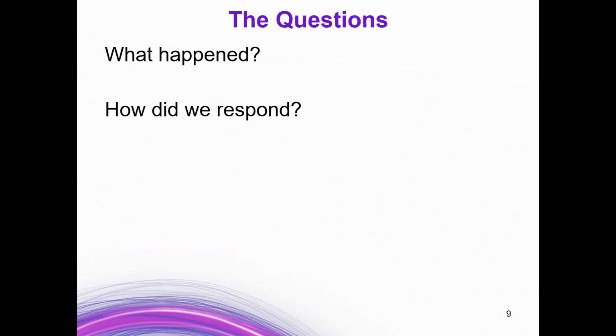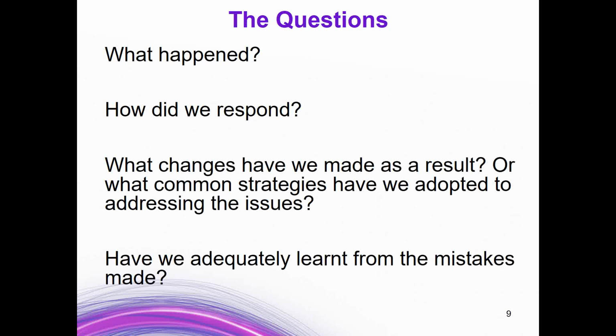When you look at all those reports, there are common questions we normally ask. First, what happened? Then, how did we respond? Did we respond fast enough to prevent or stop adverse events or further damage and harm to patients? Then we ask, what changes have we made as a result? Have we learned?